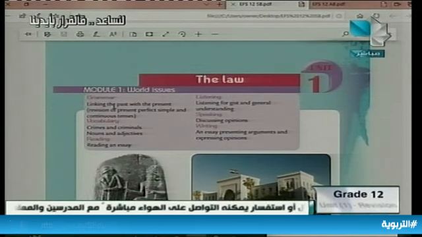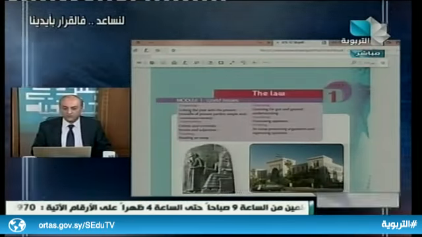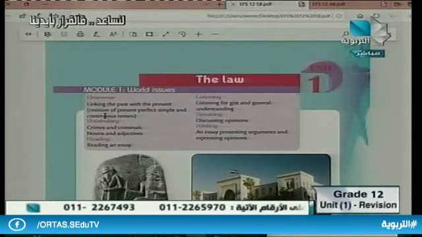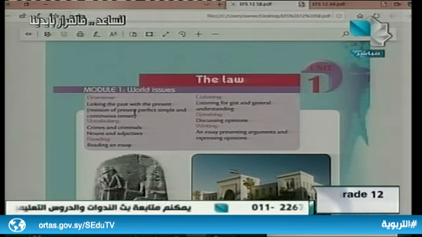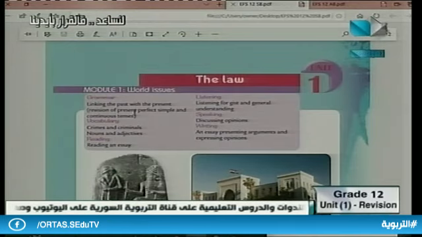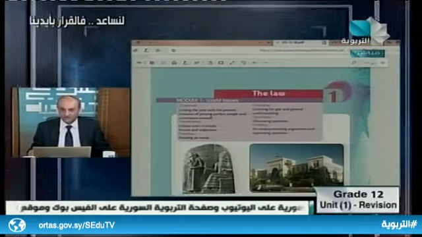Here, in grammar, we have some grammatical skills mentioned. The student has to know how to link the past with the present. It's just a revision, dear colleagues, of the present perfect simple and continuous tenses. Of course, we have some new vocabulary in the text in the student's book as well as in the activity book.